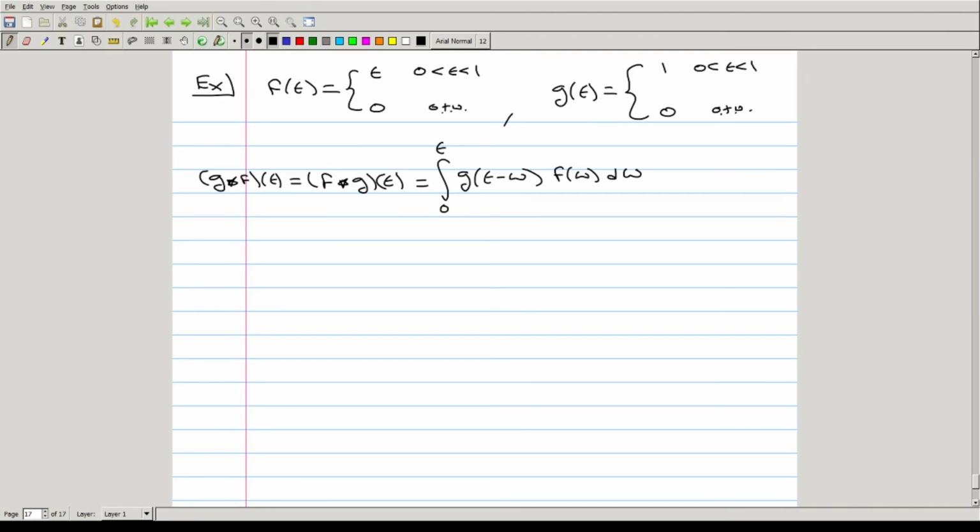And this is where the real power of the Heaviside step function comes into play, because f of t can be described as t times the Heaviside step function of t minus the Heaviside step function of t minus 1, and g of t is just the Heaviside step function minus the Heaviside step function shifted by 1.